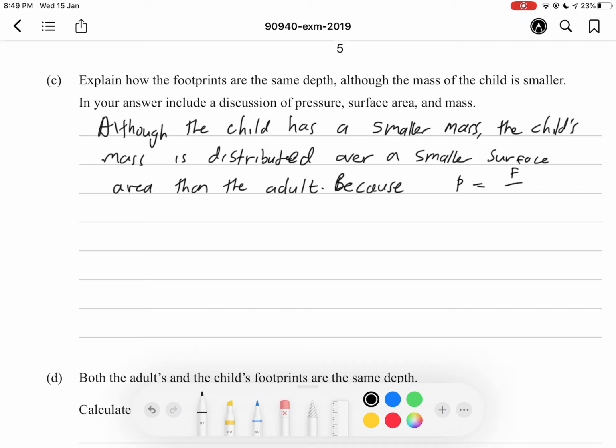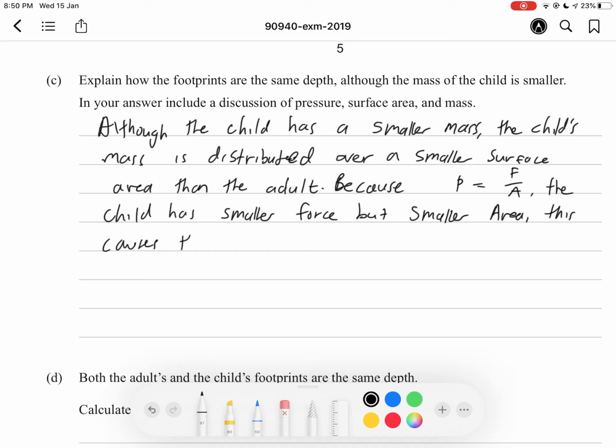Because pressure equals force over area, the child has a smaller weight force but a smaller area.